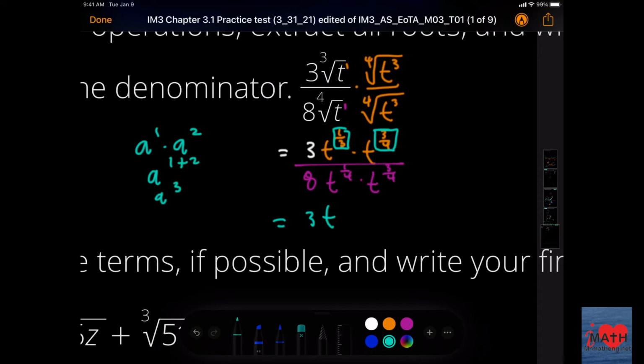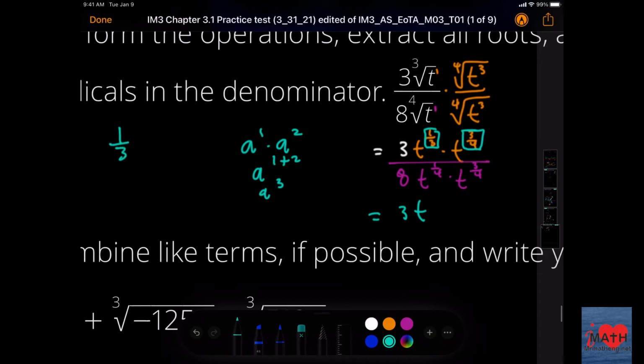So 1/3 plus 1/4 are not common, so let's do it here. I'm going to multiply this side by 4/4, and this side by 3/3. What I'm doing here is trying to get a common denominator. So multiply across, you get 4/12 plus 3/12, and now we have the same denominator, so 4 plus 3 over 12 gives me 7/12.